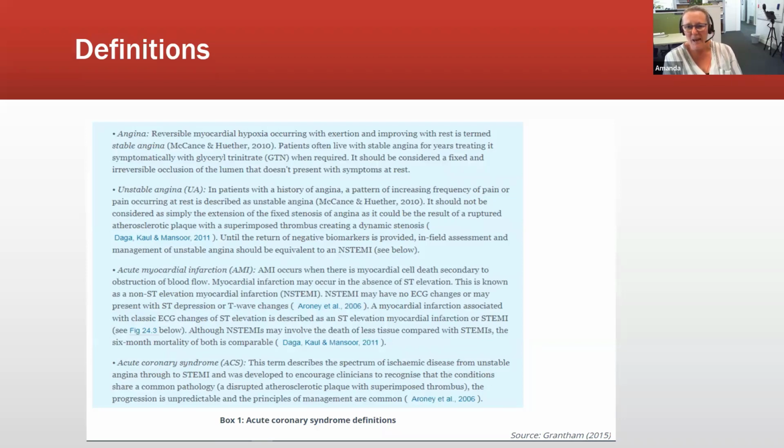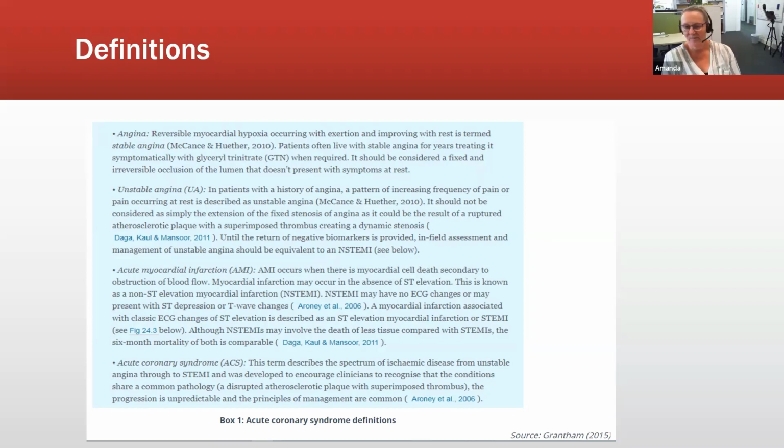The key point I want to get across is that it is not our job to diagnose angina. If somebody has chest pain and they recover completely post-GTN, that doesn't mean they have angina. That means they're still going to hospital. If they're diagnosed with angina, that's a different scenario, but we do not diagnose people with angina.